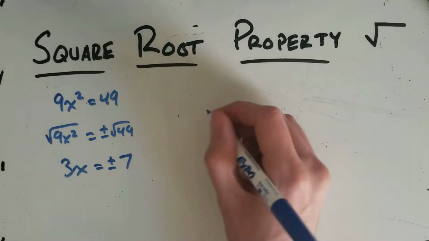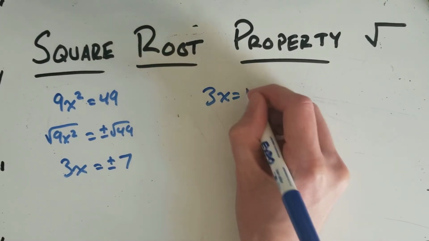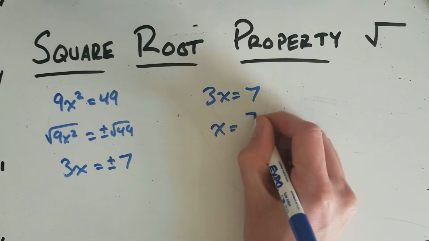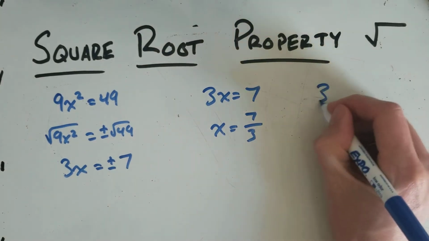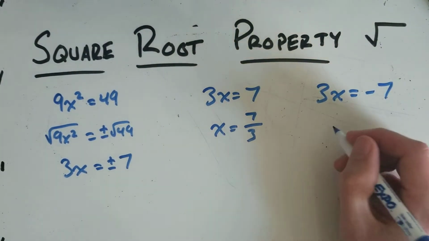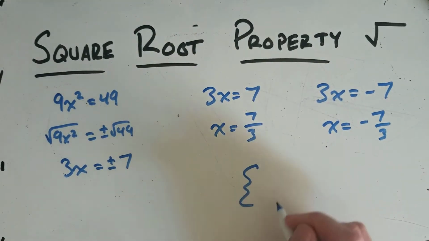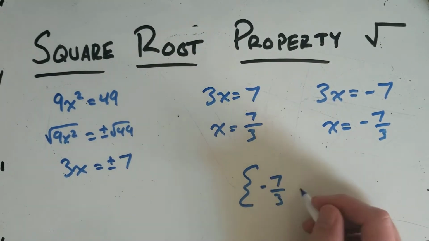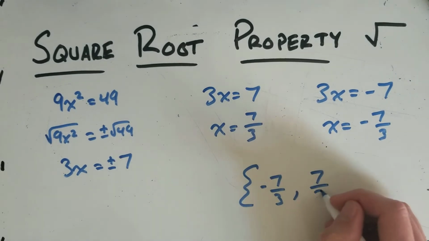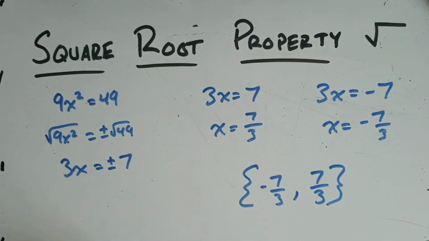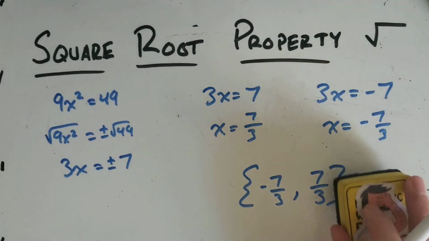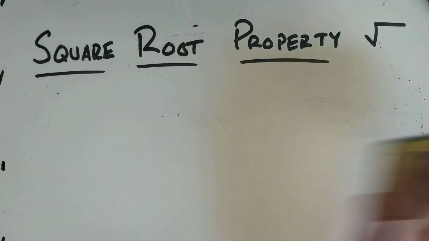So we have 2 cases, either 3x equals 7, in which case x is 7/3, or 3x equals the negative 7, in which case x is negative 7/3. So your solution set is the set containing negative 7/3 and 7/3. That was our first.